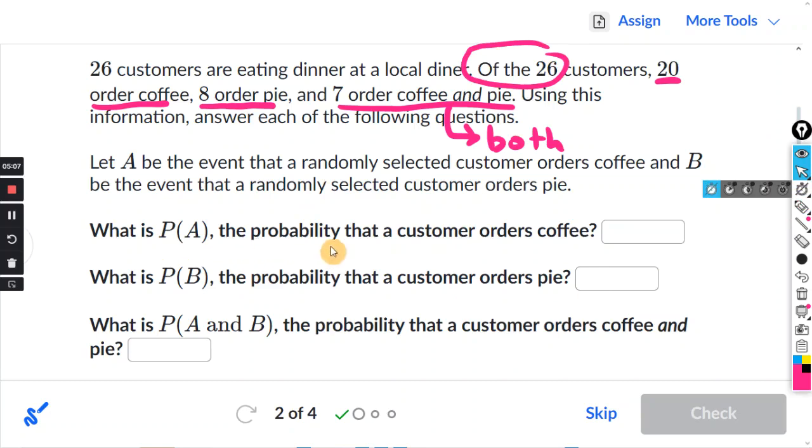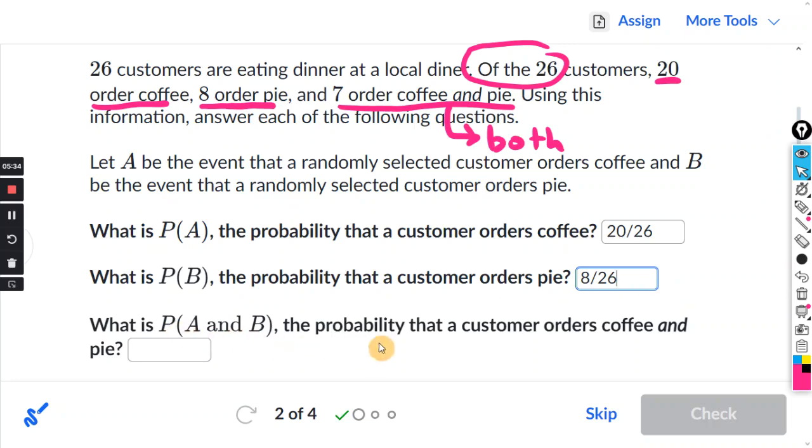What is the probability that a customer orders coffee? How many ordered coffee? 20 ordered coffee out of 26. It's just 20 over 26, you don't have to reduce. What is the probability the customer orders pie? 8 ordered pie out of 26. 8 out of 26.